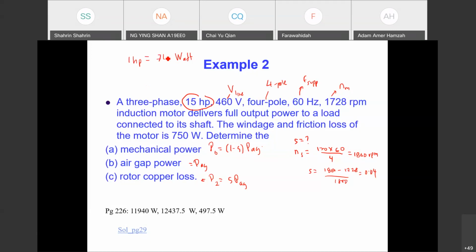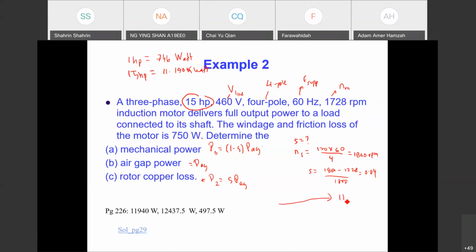Yes, this question is not complete. So if you have 15 horsepower, it is equivalent to 15 multiplied with 746, so 11.19 kilowatt.